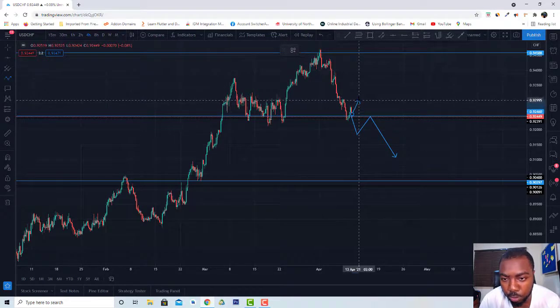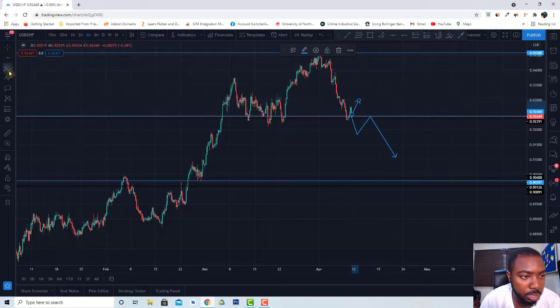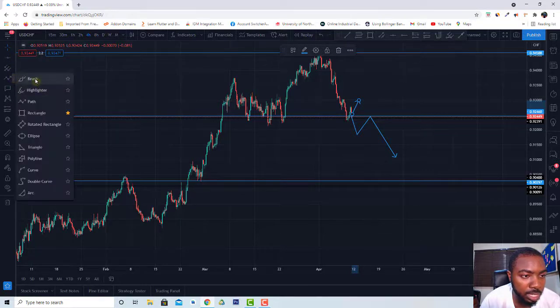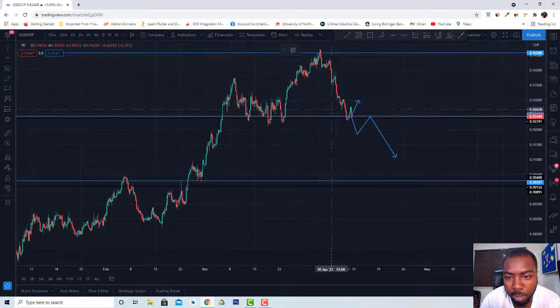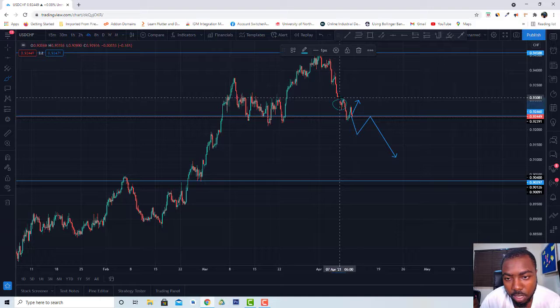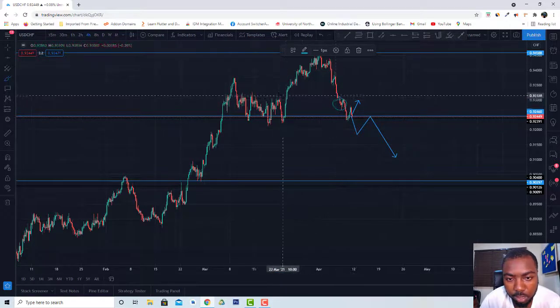This is an important point of structure. Why do I say that? Look at this point. Let me show you guys. I like to outline everything so that you see what I'm talking about. See this point? That's the first point. You see this point?